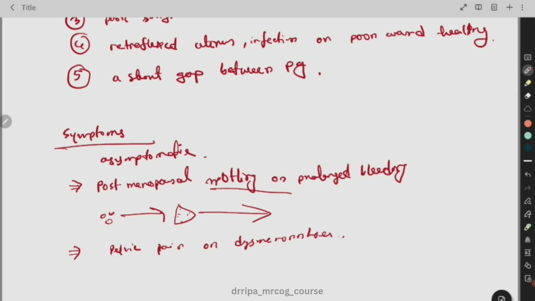Another very important consequence is secondary infertility. This may be because retained fluid can interfere with implantation. And there is also increased risk of uterine rupture in future pregnancies.